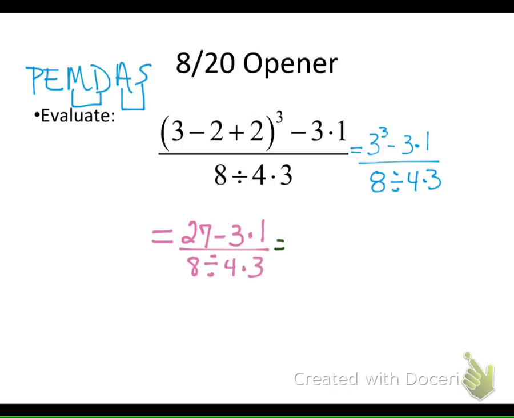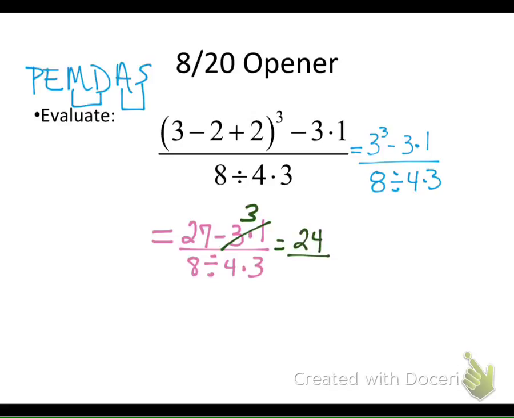Which is? 3. Okay. And then the last step for my top would be to subtract. So what do you get? What's 27 minus 3? 24. All right.